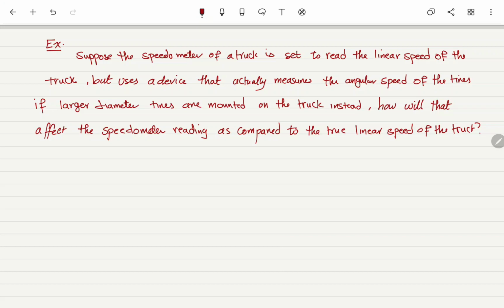Now suppose that the speedometer of a truck is set to read the linear speed of the truck, but uses a device that actually measures the angular speed of the tires. Now if larger diameter tires are mounted on the truck instead, how will that affect the speedometer reading as compared to the true linear speed of the truck?